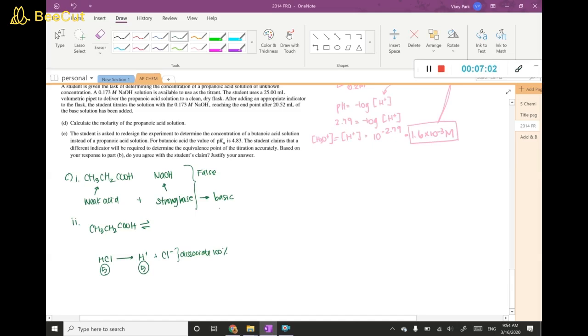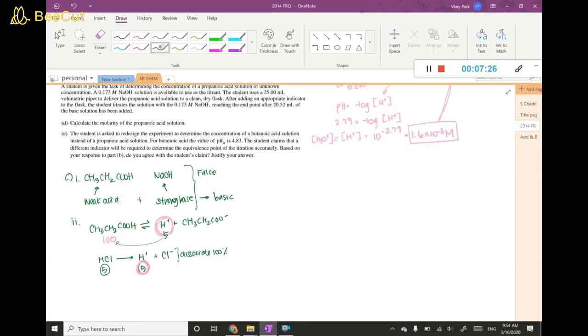So less than 5% dissociates, which means that in order for me to have the same molarity as this over here, I need a ton of them. So I need 100 of these to barely have 5% of the original concentration dissociate.